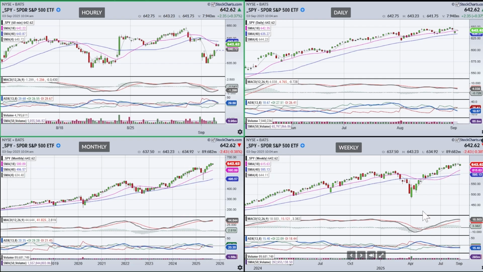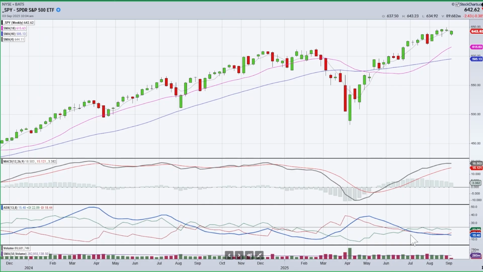We can see on the weekly chart what's taking place. At the ADX, the positive DI popped its head up to the 25 line, and now it is bumping its head, but it hasn't been able to break through, even though price has been moving higher. But now what's scary is this red line is getting closer to taking out this prior peak. If we make a higher high here, this is going to need to drop down a little bit more.